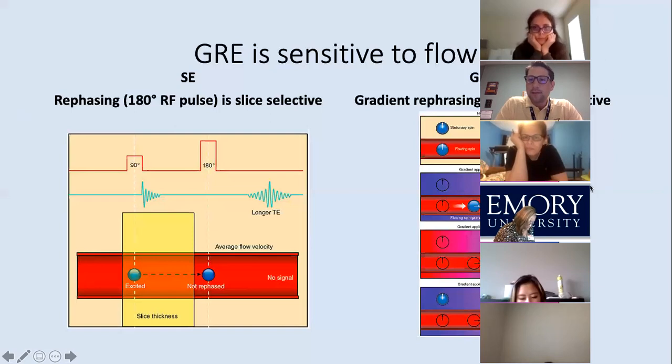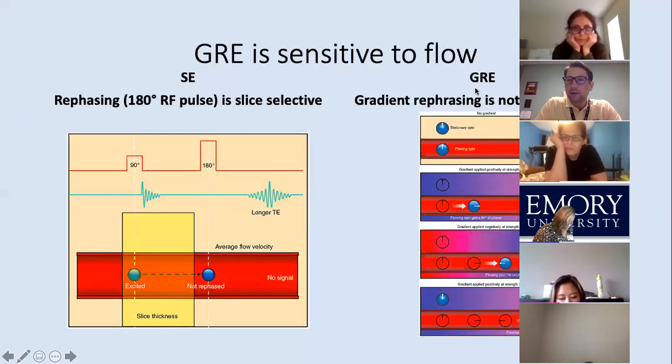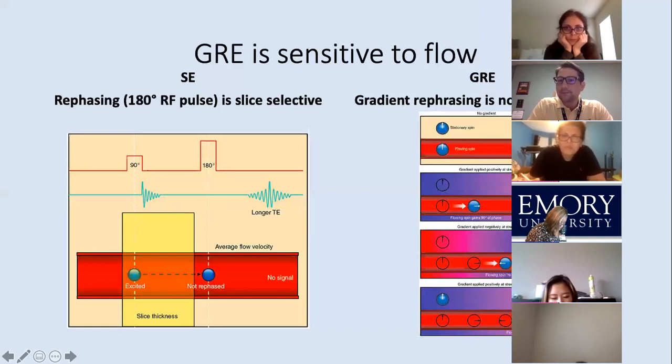But when we're talking about MRA or angiography, we use a gradient echo because that gradient is not slice selected. So we can rephase that spinning red blood cell anywhere along the bore of the magnet. So even if that particular red blood cell has left the slice, we can still rephase it with our gradients to get signal to regrow and get higher signal intensity within that blood vessel.